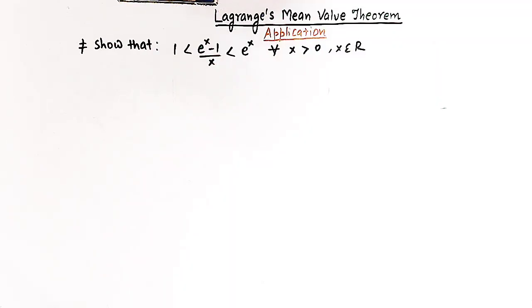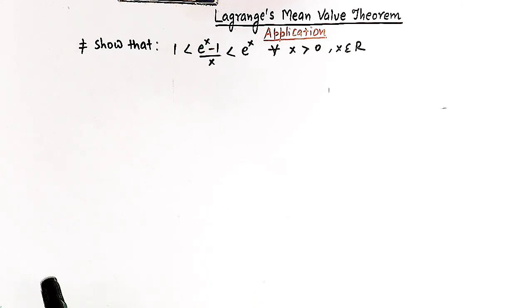Hello viewers, in today's session we are going to discuss another important application of Lagrange's mean value theorem. We are going to discuss a very important inequality in real analysis.